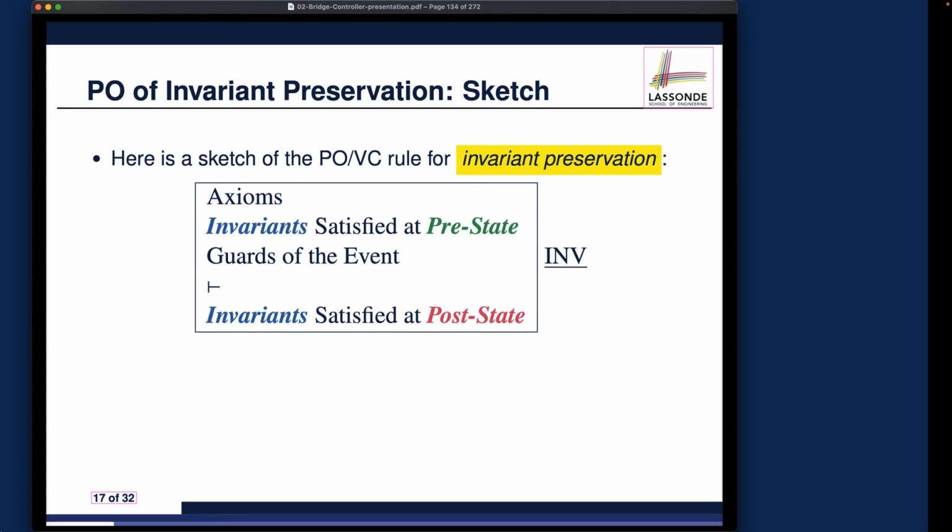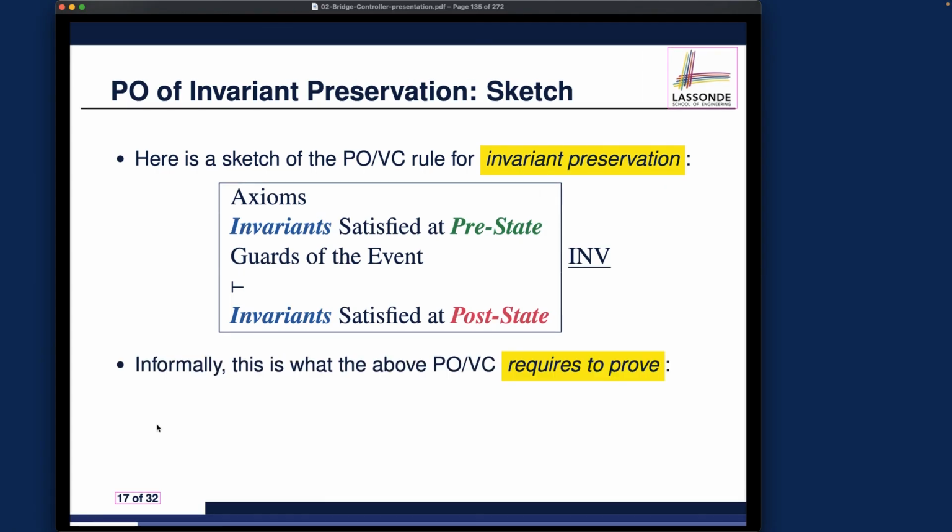Let's go back. Finally, let's now review once more. Informally, what this particular sequent is trying to say is it requires us to prove the following. Whenever you have some proof obligation rule or verification condition rule, that means you have to prove that the sequent over here is a theorem, meaning that you want to prove that this implies this formally is a theorem. Informally, what's really there?